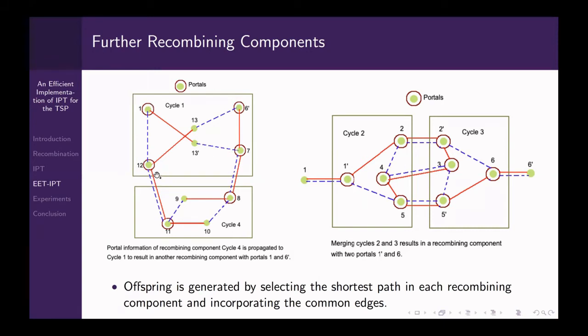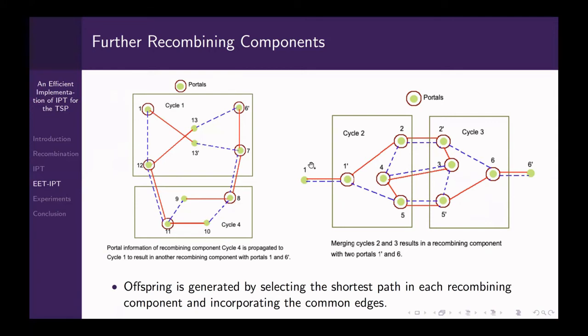The corresponding portals which have a common edge to the portals of a recombining component can disappear. Like here 12 and 7 disappear because they have a common edge to 2 portals from a recombining component, and if we are left with exactly 2 portals, then this cycle also becomes a recombining component.